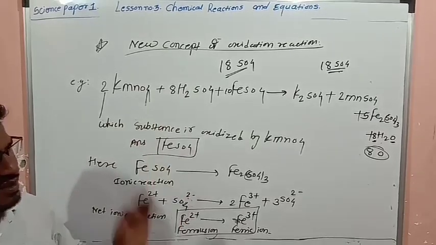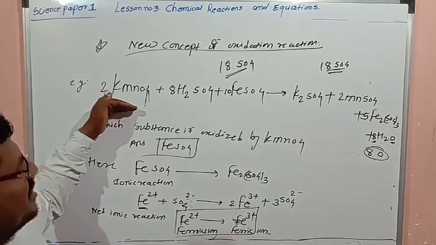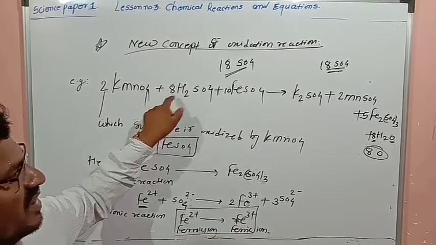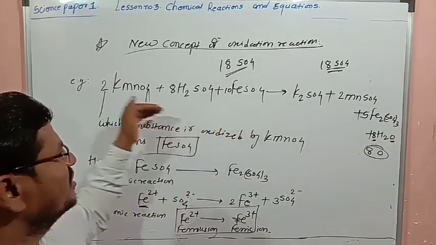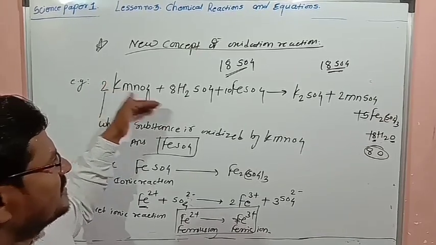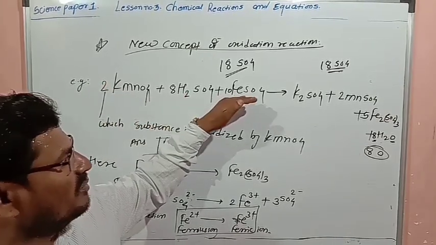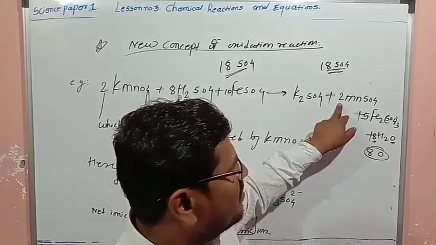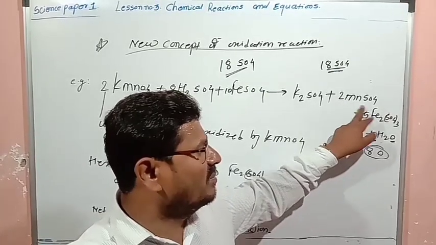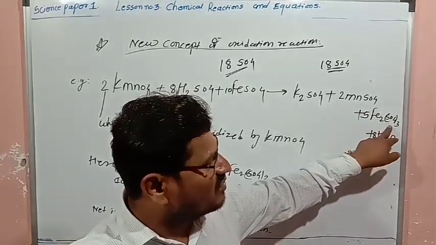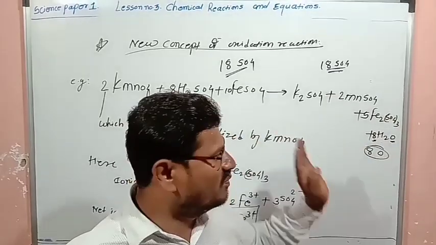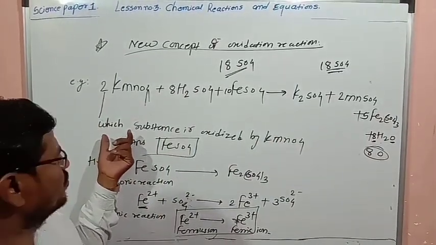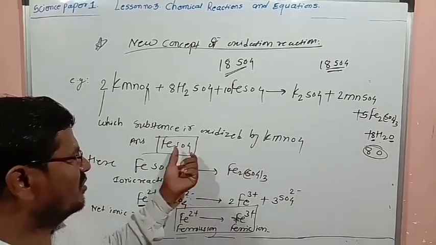So one more time, see this chemical reaction. In this chemical reaction, 2 KMnO4, 8 H2SO4, 10 FeSO4, that means potassium permanganate, sulfuric acid, and ferrous sulfate are taken. It will form potassium sulfate K2SO4, plus MnSO4, manganese sulfate, plus Fe2(SO4)3, ferric sulfate, plus 8 H2O. So the question: which substance is oxidized by KMnO4?